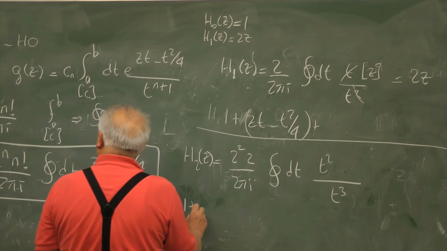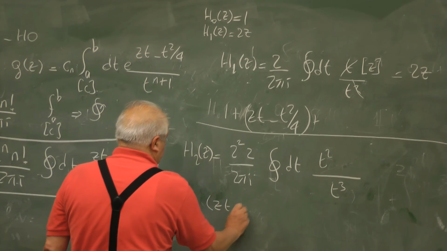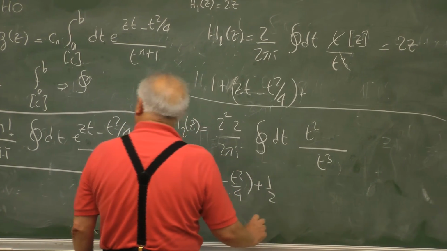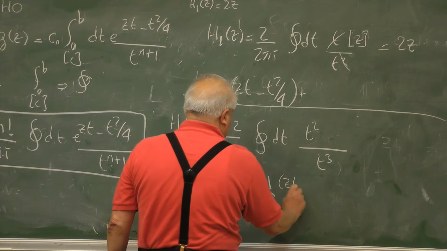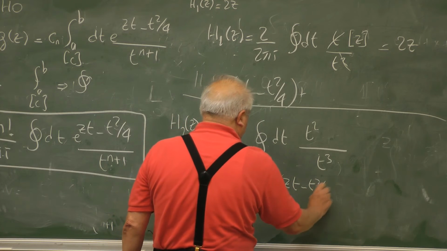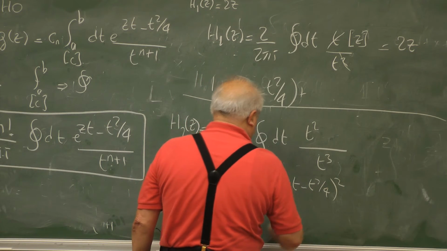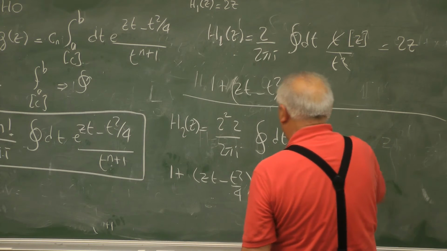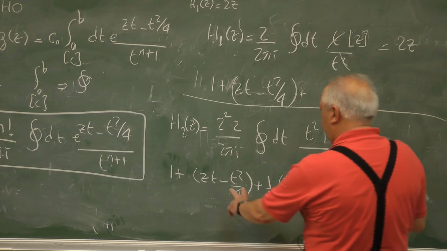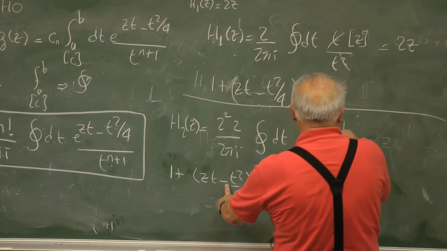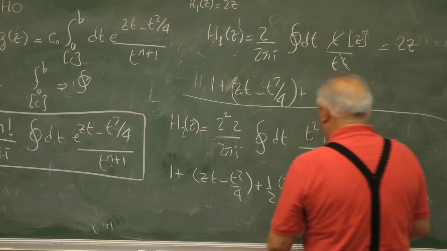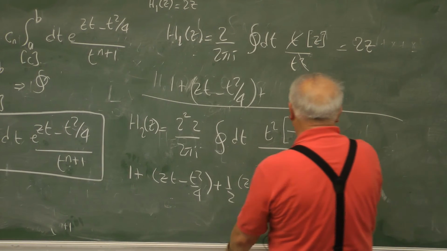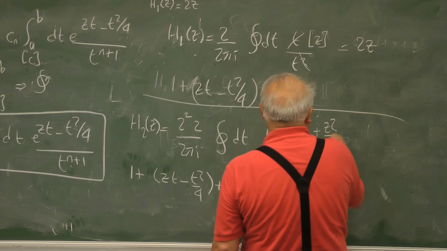1 plus zt minus t squared over 4 plus 1 half of zt minus t squared over 4, squared. So the t squared terms are, I have a minus 1 over 4 from here, minus 1 over 4. And when you square it, I have a z squared, then you divide by 2, plus z squared over 2.